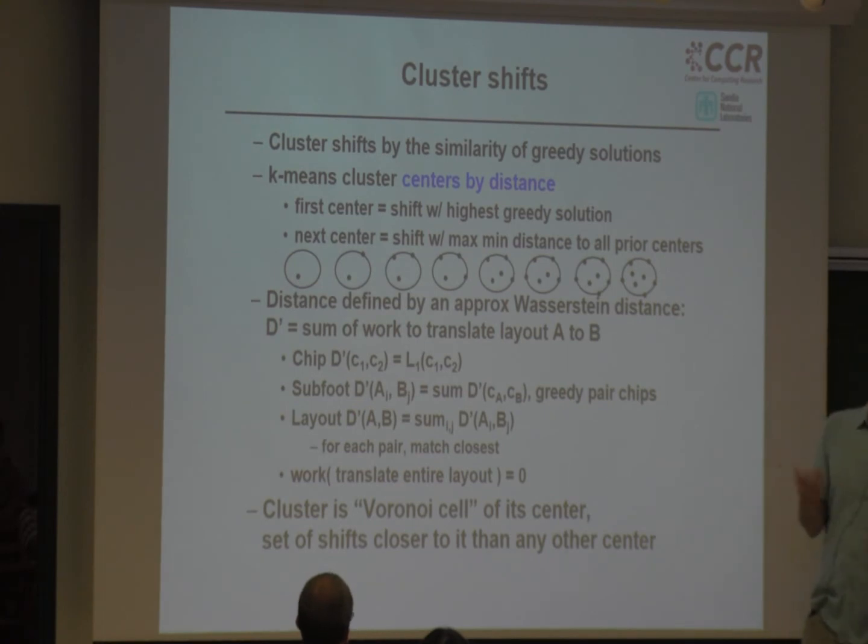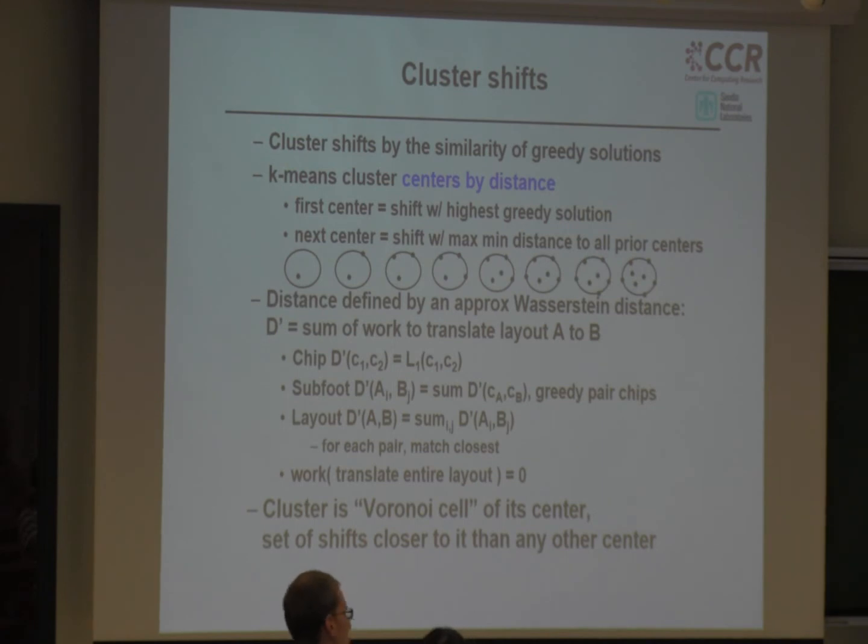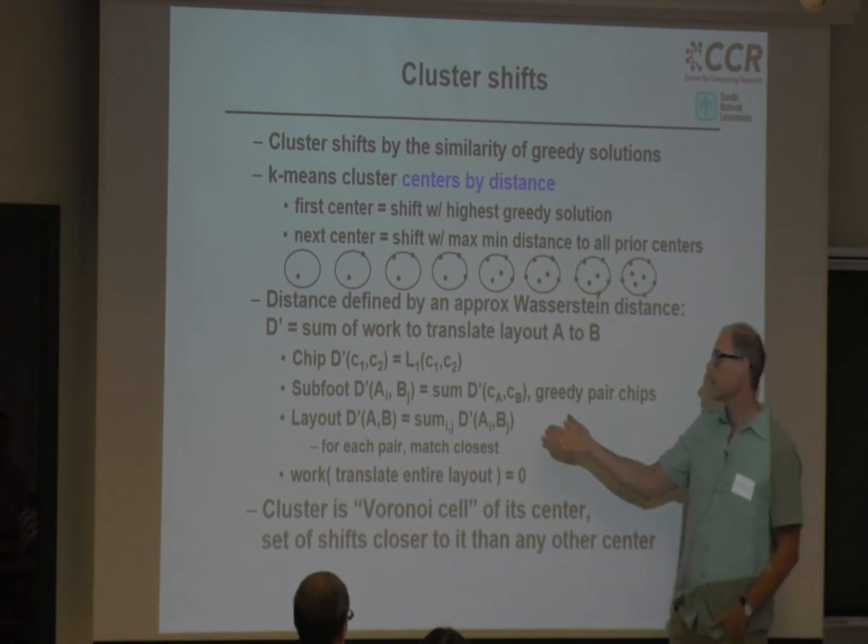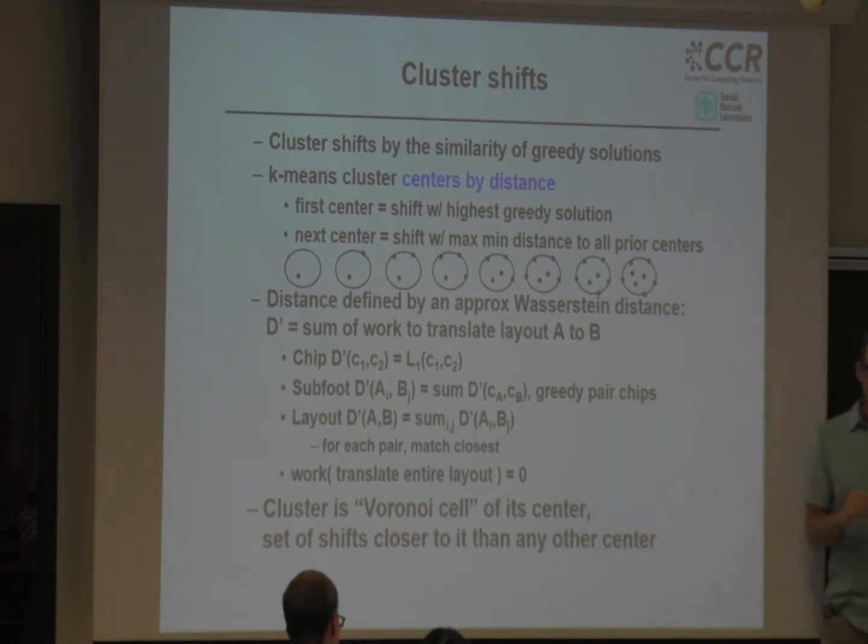And I guess if you were really doing Wasserstein, you'd find the minimal cost pairing of those sets of chips. But we just did a greedy pairing. It worked well enough. And then same thing for the layouts, a set of rectangles for a particular shift. You just add up the distances between them.